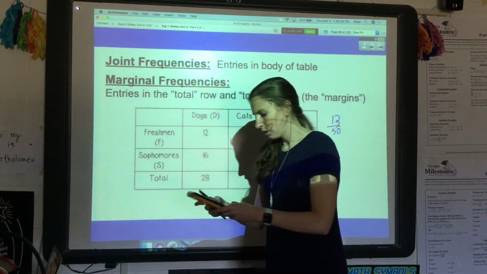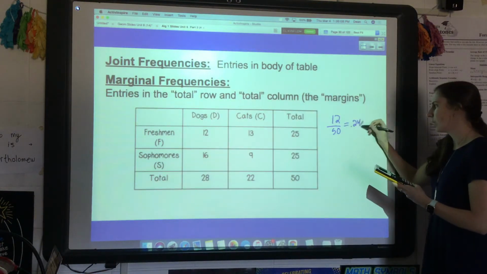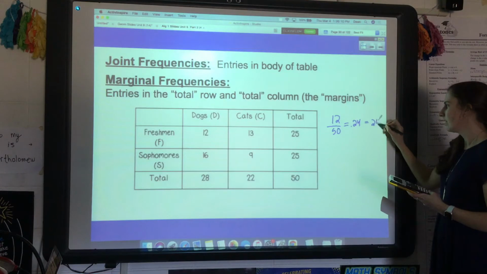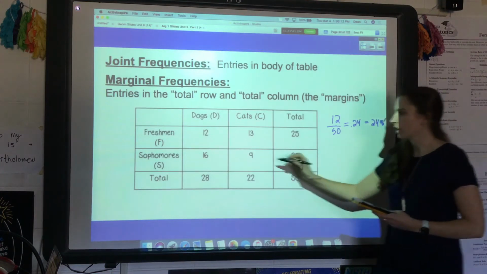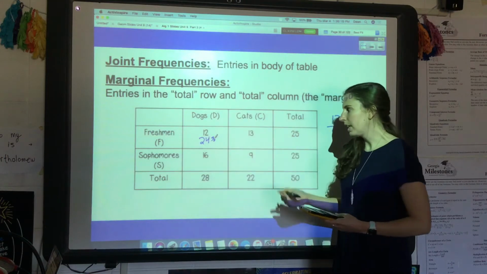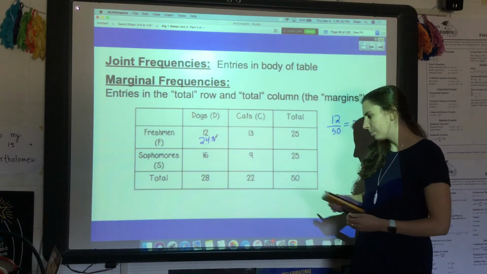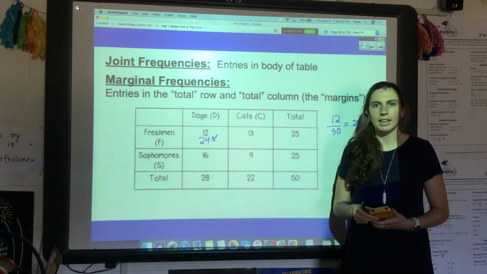So 12 divided by 50 is 0.24, which would be 24%. So this right here is 24% out of everybody. And we could do that with each of these other joint frequencies as well. We could divide them by 50 and see what you get.